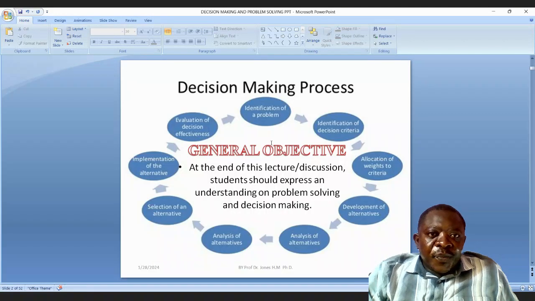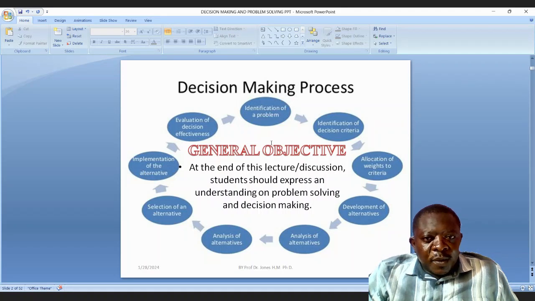The general objective of this lesson is that at the end of the lecture, you should be able to express an understanding of problem solving and decision making. The illustration here is the picture of the decision making process.